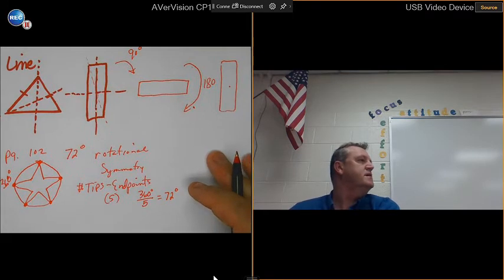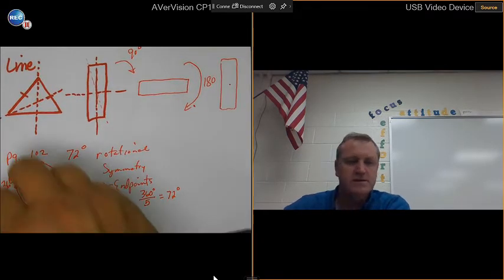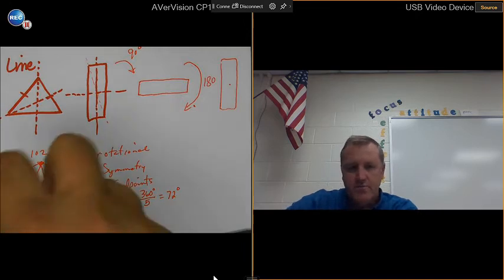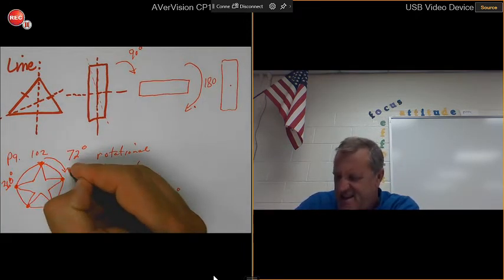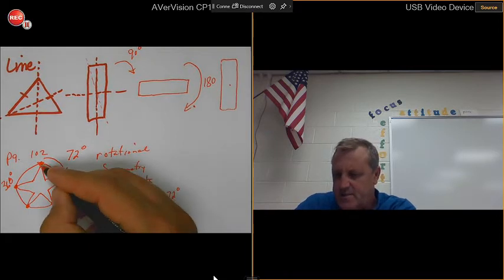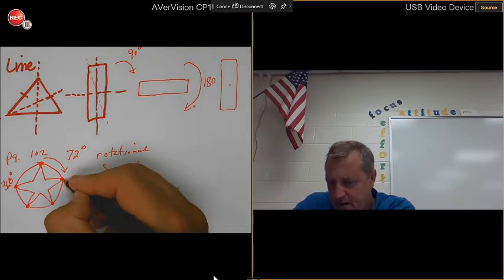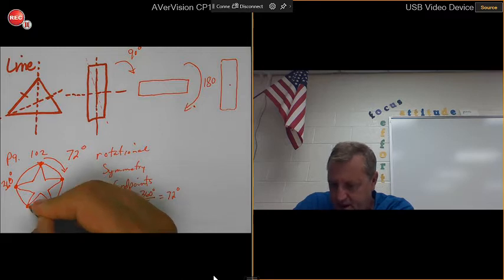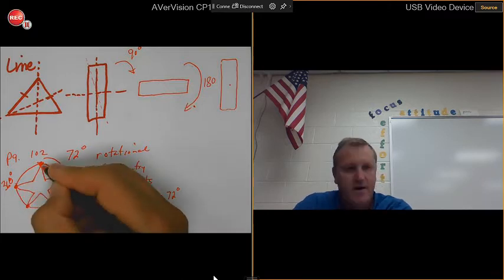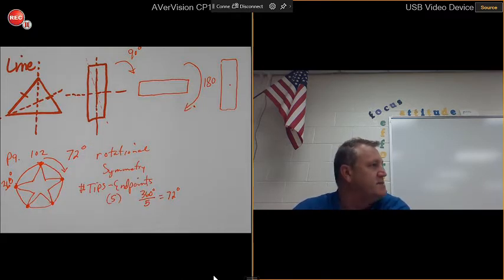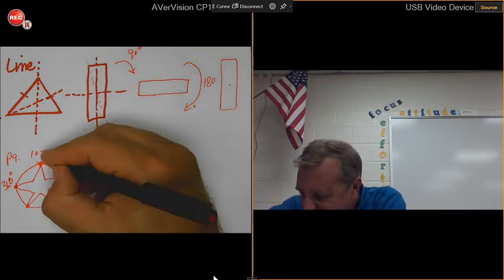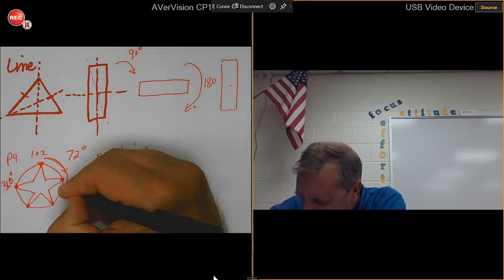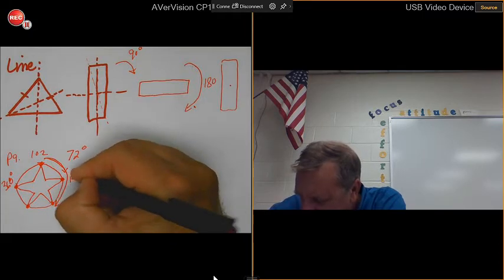That make sense? So if I were to pick this star up, rotate it 72 degrees, and put it back down, this tip would go there, this tip would go there, this tip would go there, this tip would go there, and this tip would go there. You see that? But I could also start again, and go 144 degrees.